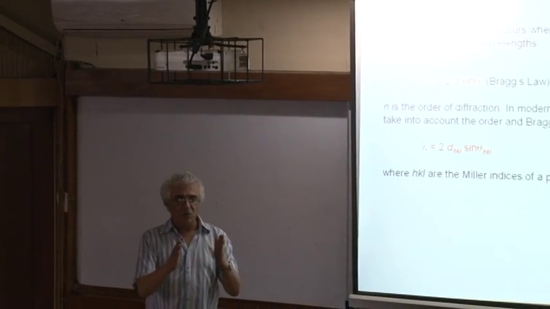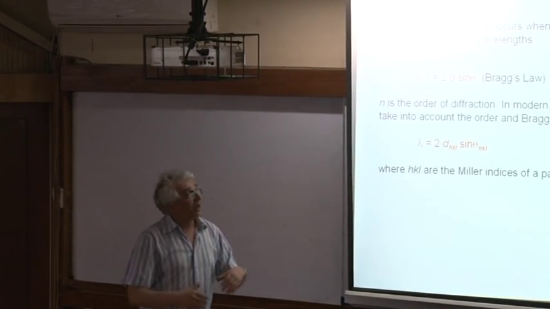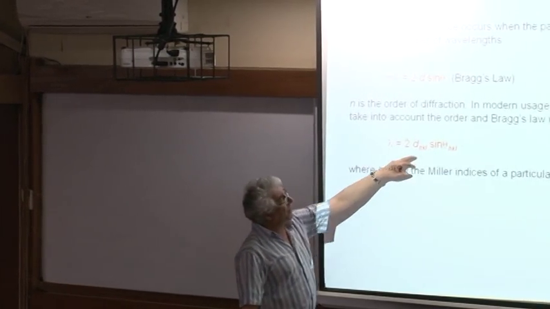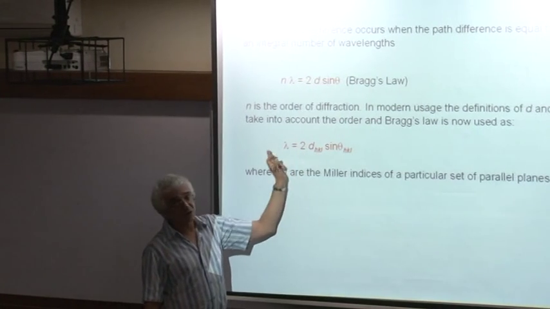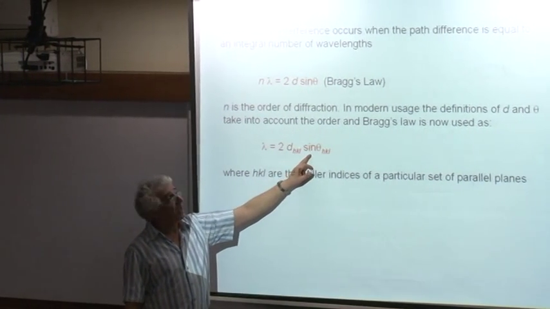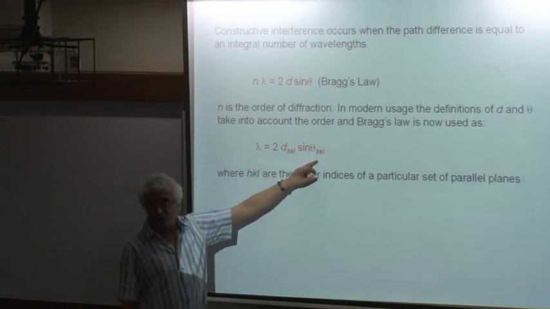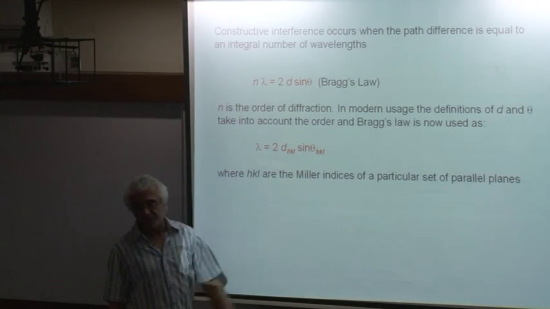Those values all sort of converge, and so in reality, it's dependent upon the value of lambda, because this is a non-linear relationship, how many of these reflections you can actually see.